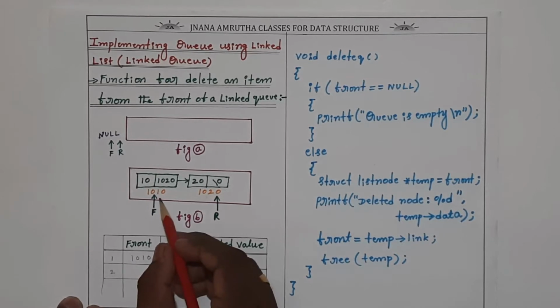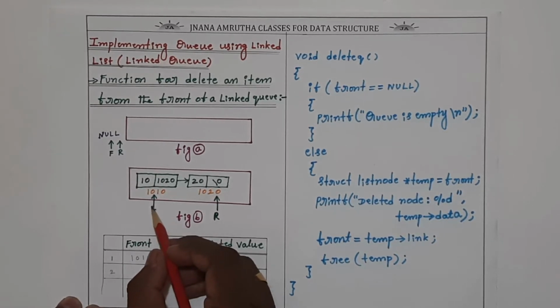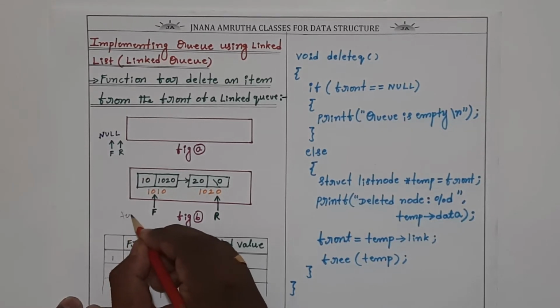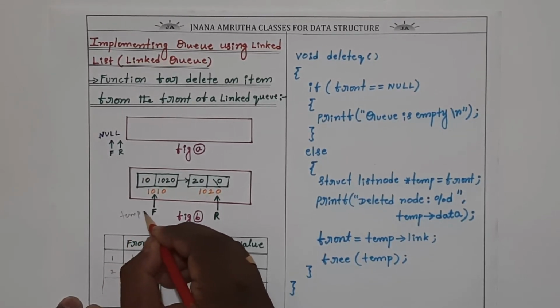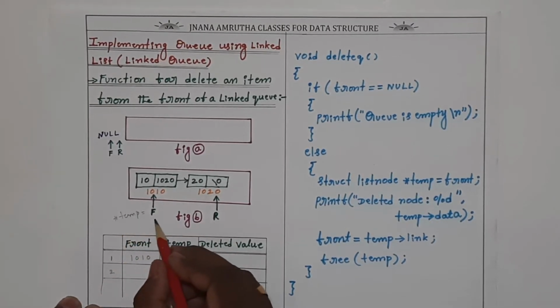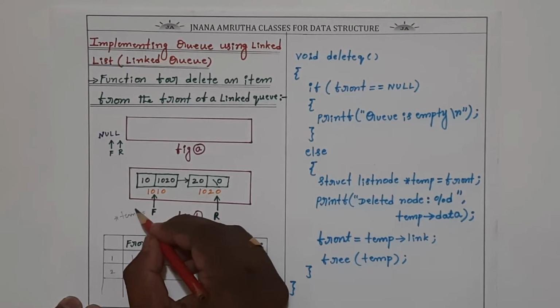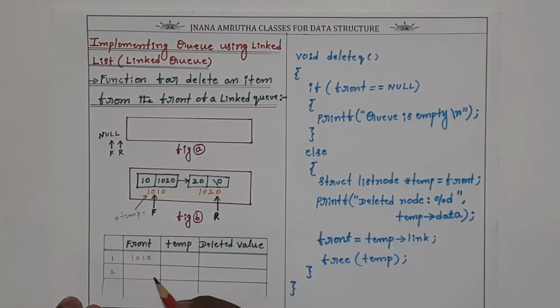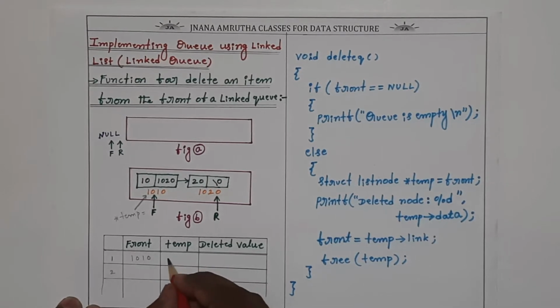Next, we need to take one temporary pointer, temp equal to front, a pointer variable. By doing this, temp is also pointing to the same address, that is 1010.